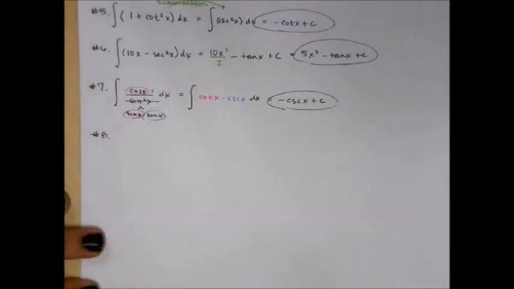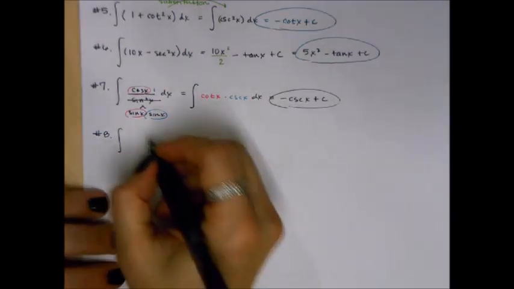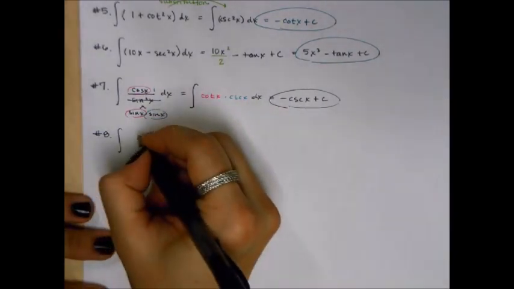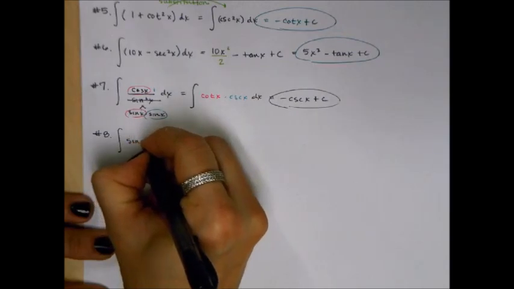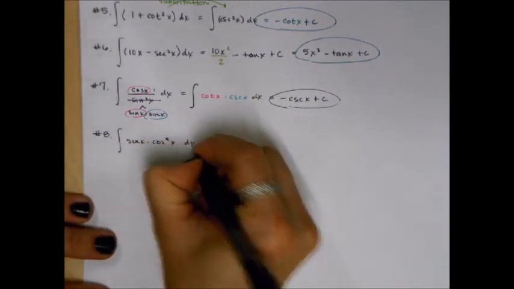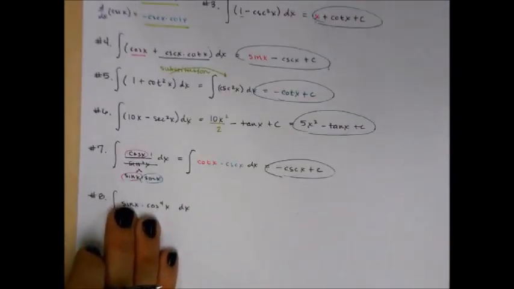All right, so the last few problems are going to start introducing u substitution along with trig. That u substitution can go several ways. So our first example says sine x times cosine to the 4th x dx. So sine times cosine is never going to be in your list, and cosine to the 4th power is not in our list either.